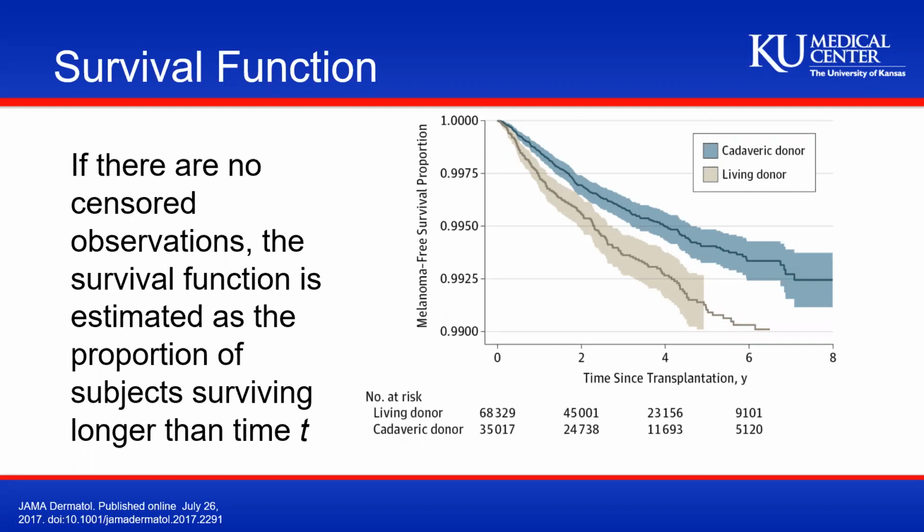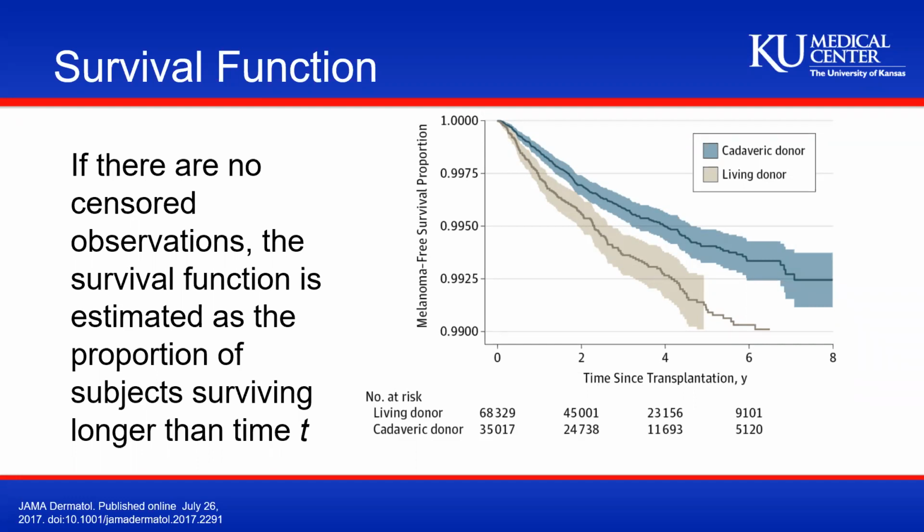They're currently at risk of having the event. So the living donor at baseline at 0, they're measuring 68,329 patients. By the time they get to 2 years, whatever the difference between 68 and 45,000 is, 20-something, 23,000, 23,000 either had the event or were censored.